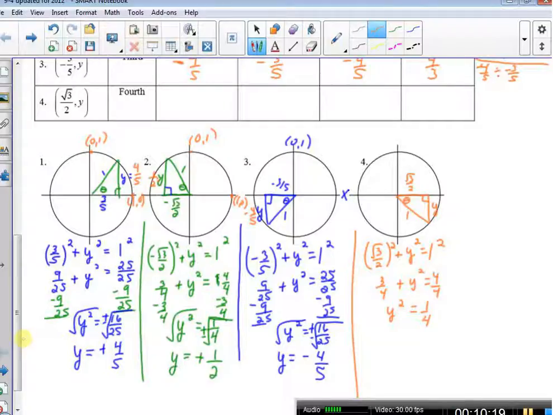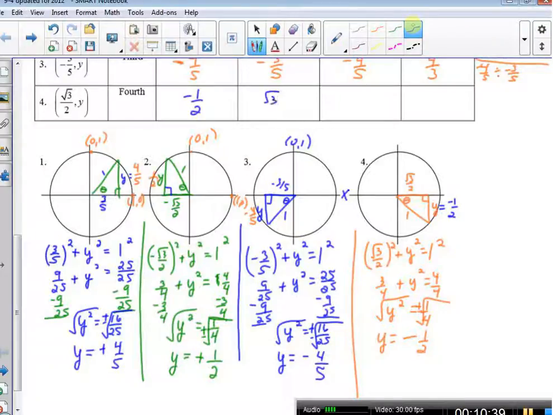So now we're going to have square root, plus or minus. So y is going to be negative 1 over 2, because you're in quadrant 4, y coordinates when you plot them in quadrant 4 would be negative. So this coordinate is negative 1/2.